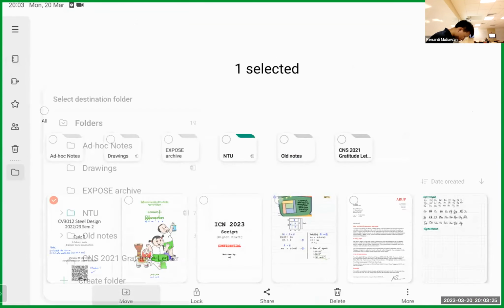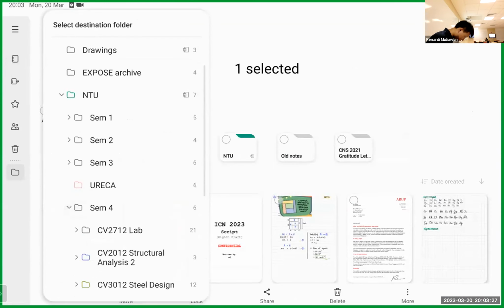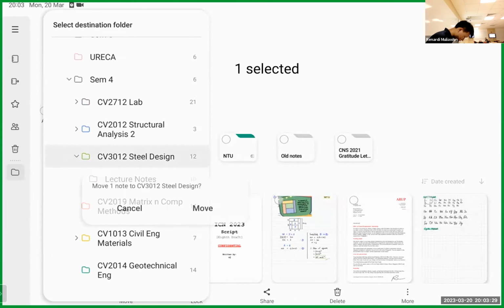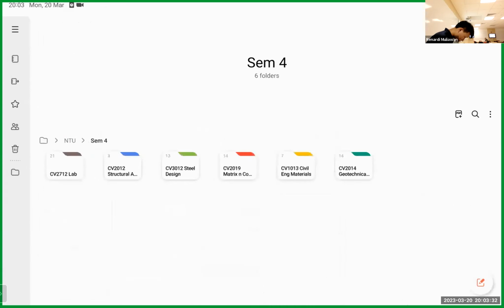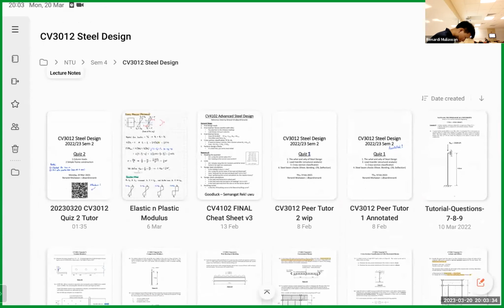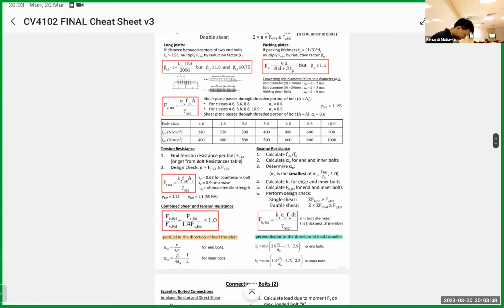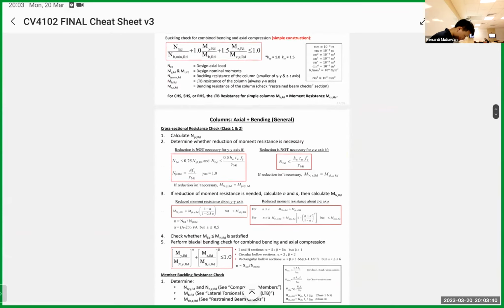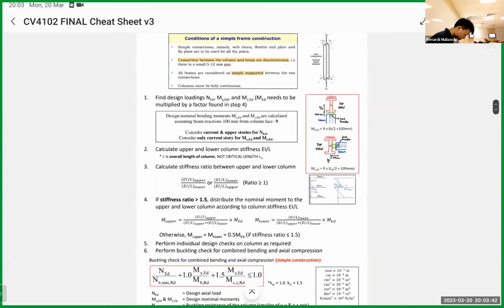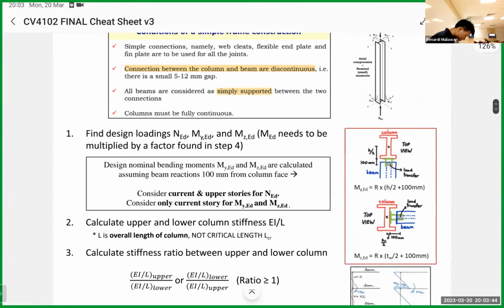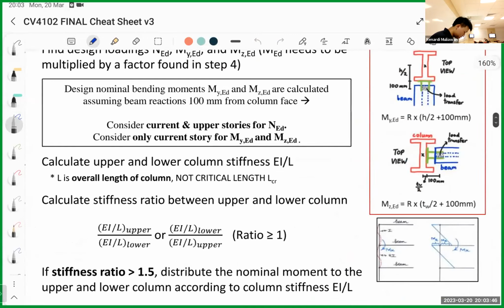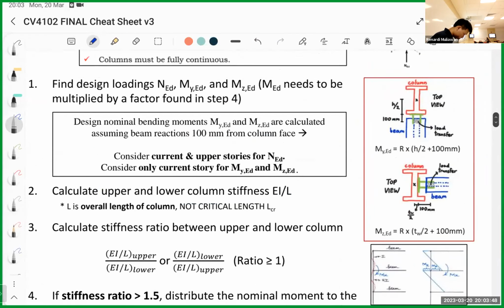Okay, this is my full version of the cheat sheet. Ah, here. I put it inside this box already.